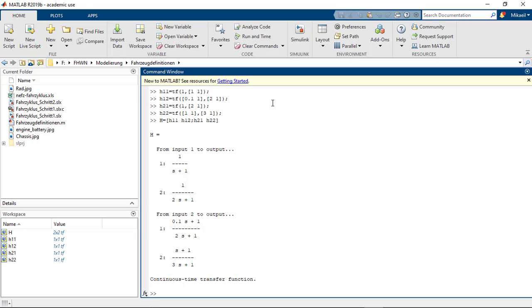Enter. As you see, we got 4 transfer functions: from input 1 to output 1, from input 1 to output 2, from input 2 to output 1, and from input 2 to output 2.